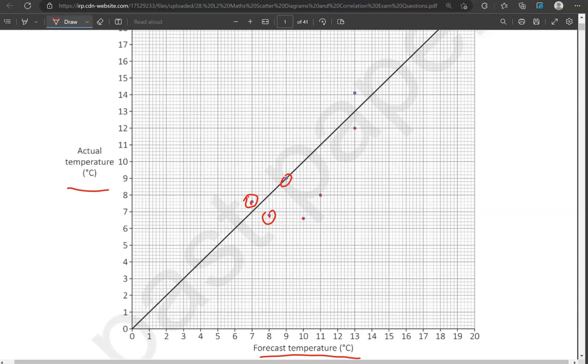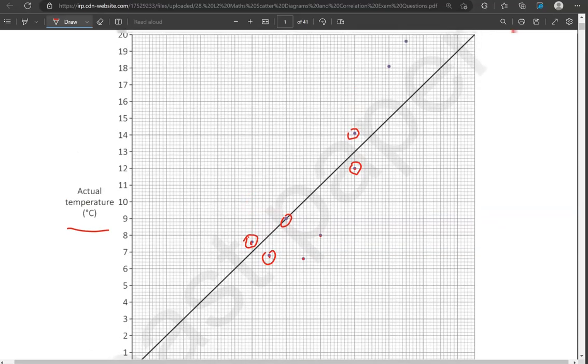So only 1 degree difference, and that counts as accurate. This one here was forecast to be 13, but it was something like 14.2, which again tells us that it's accurate.